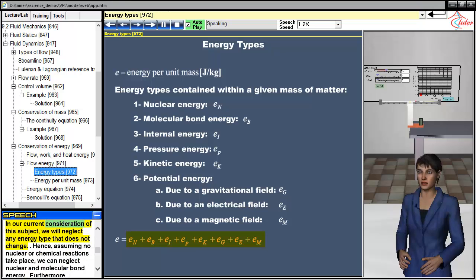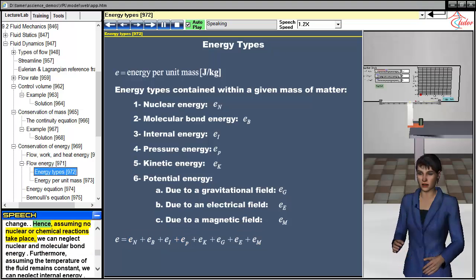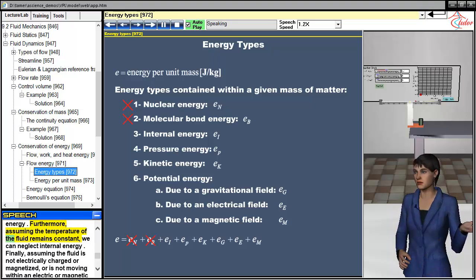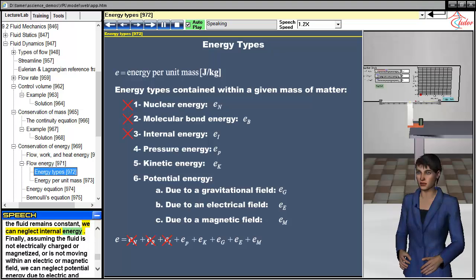In our current consideration of this subject, we will neglect any energy type that does not change. Hence, assuming no nuclear or chemical reactions take place, we can neglect nuclear and molecular bond energy. Furthermore, assuming the temperature of the fluid remains constant, we can neglect internal energy.